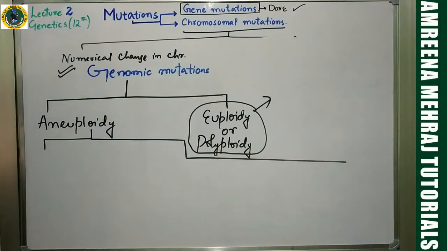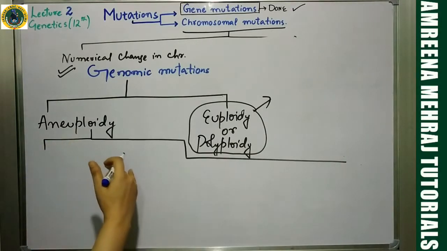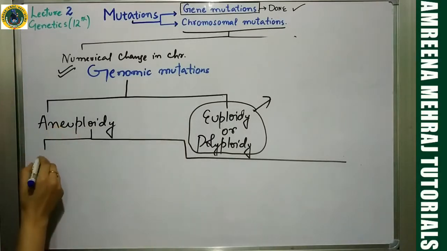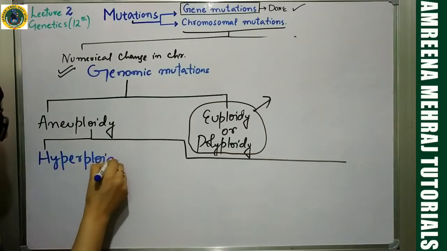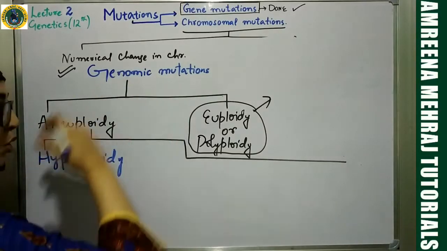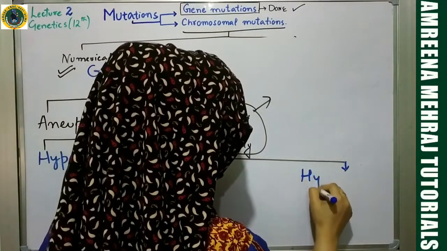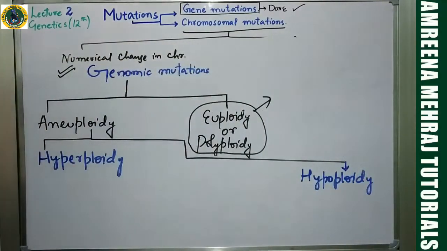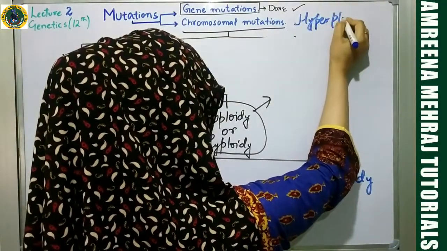Very simple. Here you have increase in number of chromosomes, either one of you, or deletion in number of chromosomes. So accordingly you will have either hyperploidy. You can guess now what hyper is. Hyper means more, and the second will be hypoploidy.